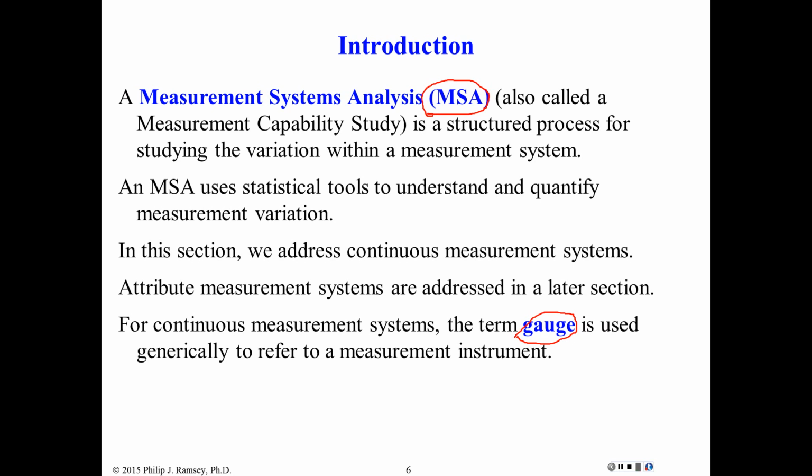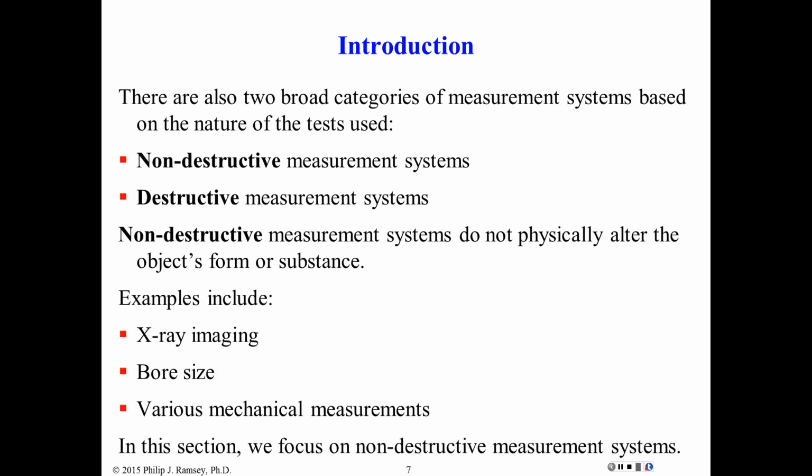Okay. And when we think about measurement systems, they really fall into two buckets: non-destructive and destructive. Destructive is a measurement that by taking the measurement, you have either destroyed or altered the unit that you're measuring.